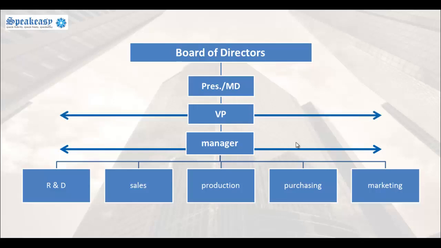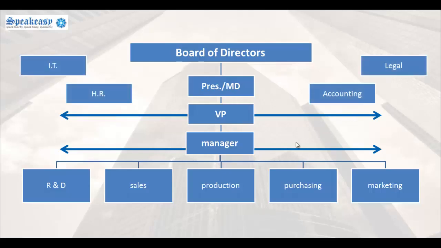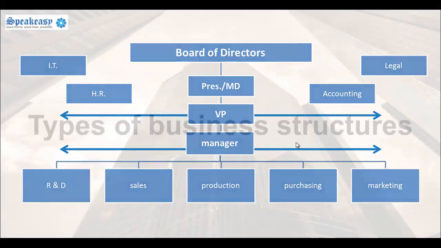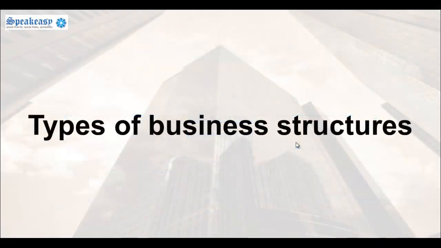Some of the departments within a company fall outside the direct chain of command, such as the accounting department or legal department, and also IT and human resources. Now let's look at some different types of business structures.